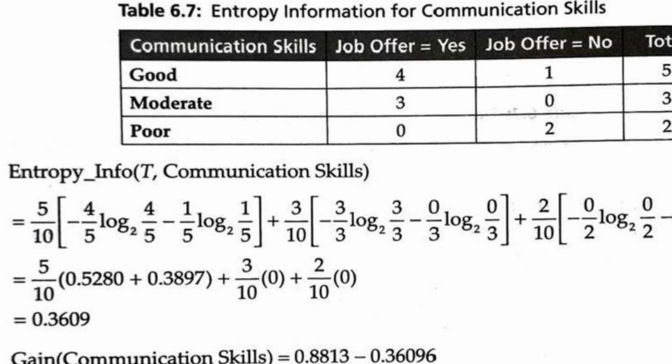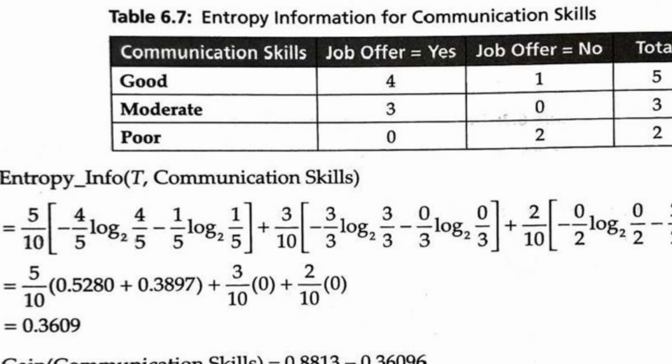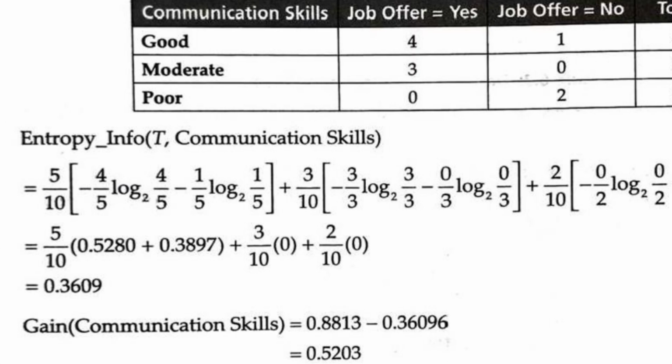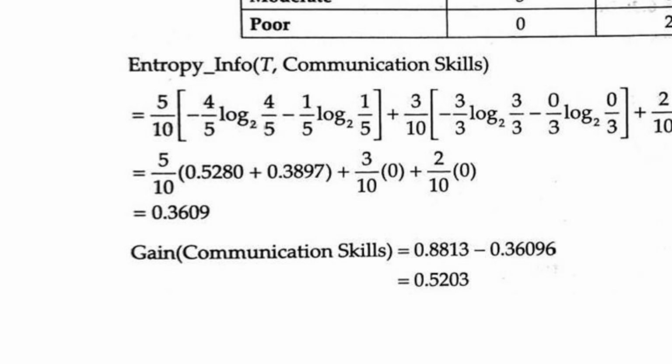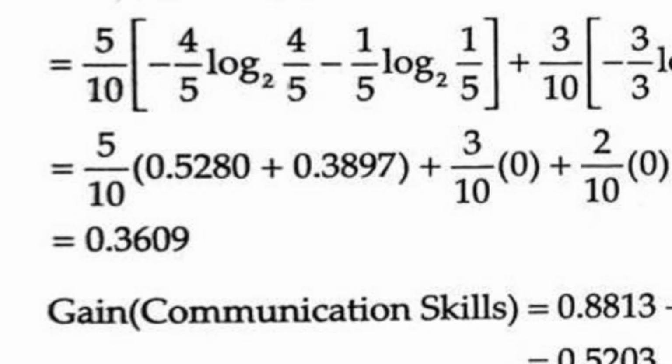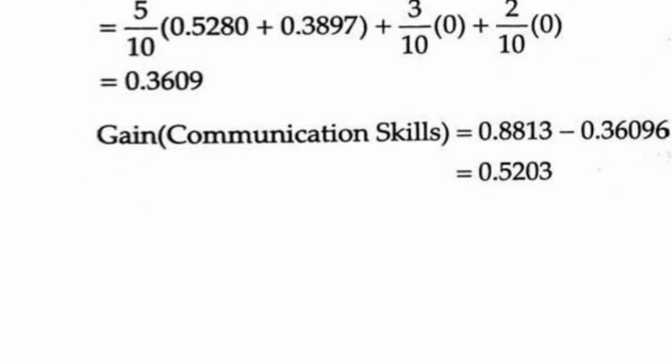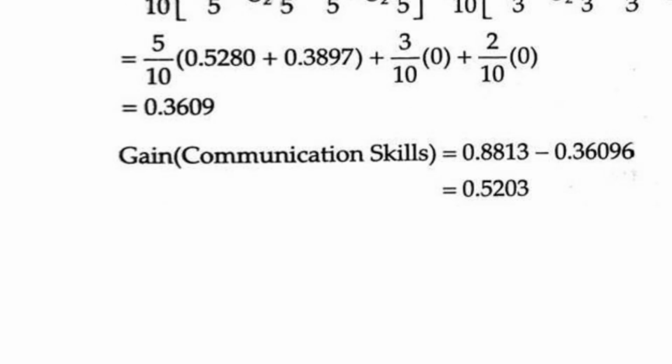In that 5, 4 positive class and 1 negative. In that 3, positive class and 0 negative. This you can substitute as 0, and the last one is also 0. So you are left with only the first part, substitute it, you will get 0.3609. Subtract it from 0.8813, that is 0.5203.